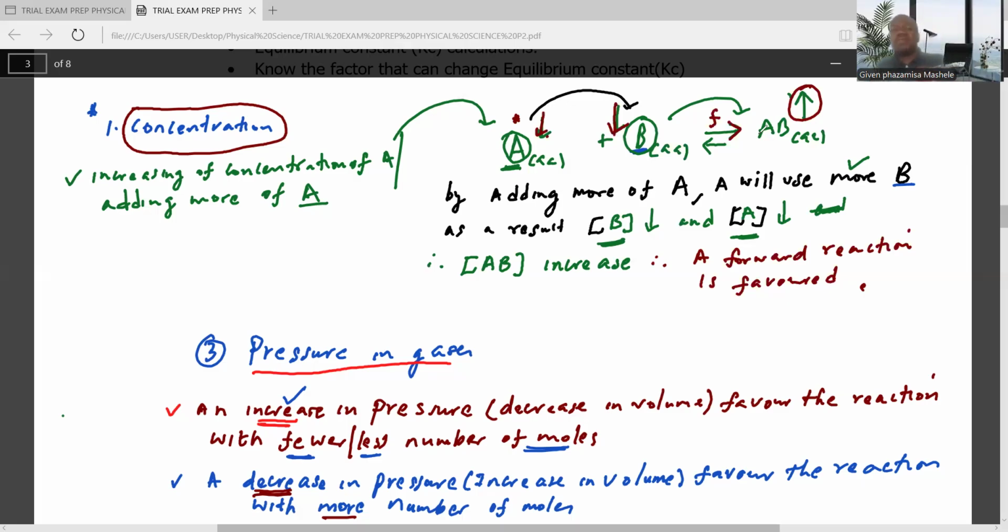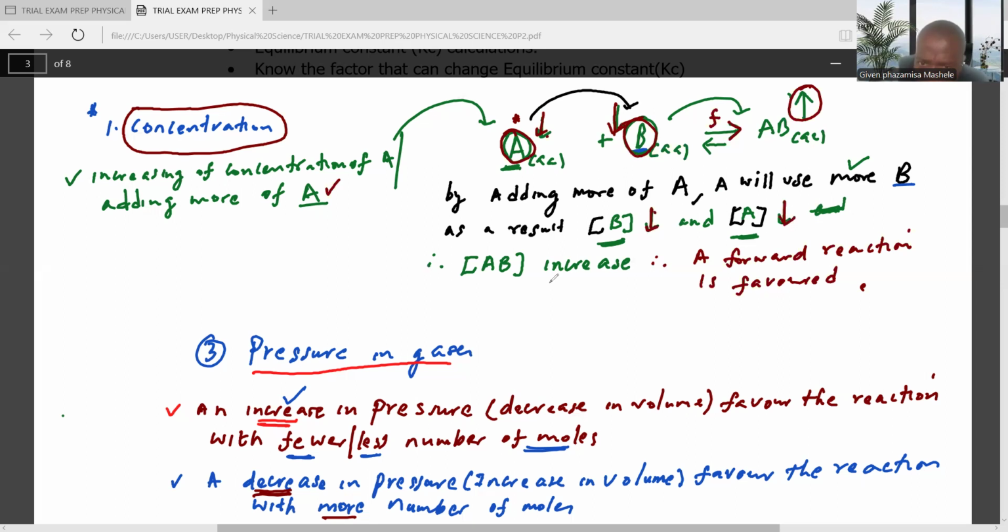So what does it mean? It means increasing the concentration or adding more of a substance in a reaction does not mean that substance is going to increase. It's actually going to decrease, according to literature. Because if we add more of A, the A will eventually use more of the B. And what's going to happen? The concentration of the B will decrease, and the concentration of the A will also decrease.